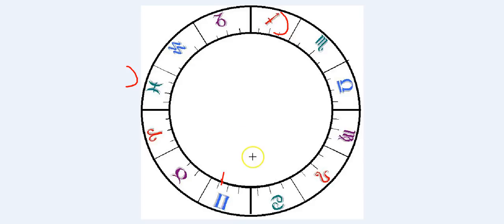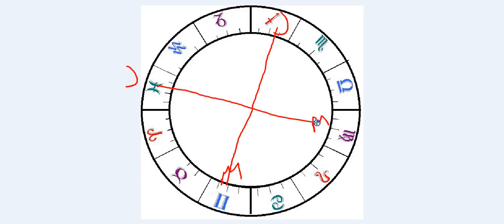So Jupiter rules these two, and Mercury rules these two. Sagittarius is crossed from Gemini, and they always oppose each other. Mercury opposes Jupiter here, and Jupiter opposes Mercury here on the same mutable cross. So they work together. They're mutable.